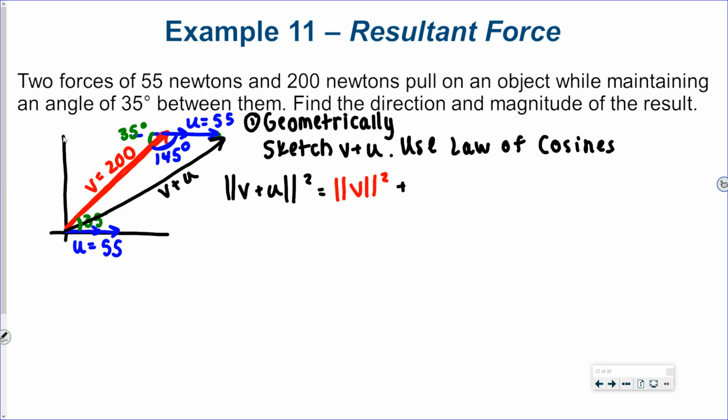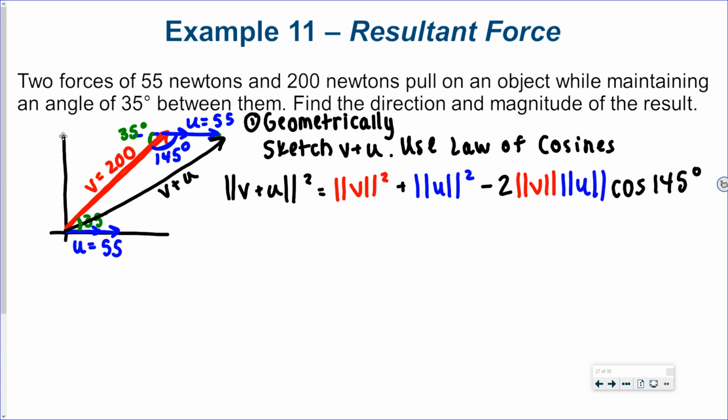We add those together, minus 2 times the length of the two sides, so times the magnitude of v, magnitude of u, times the cosine of the included angle. This time we know the angle, 145 degrees.